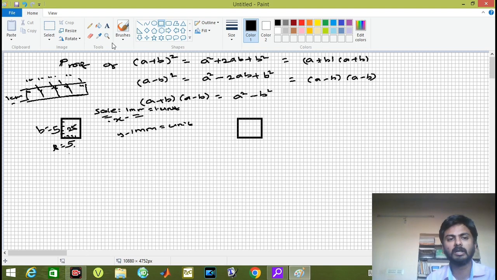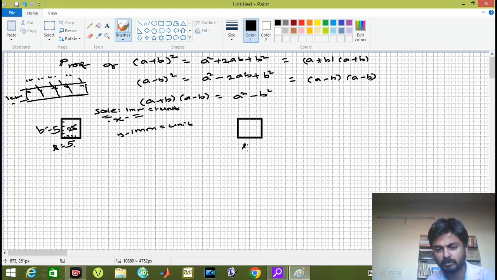See why this is a rectangle: I am splitting the length L into 1, 2, 3, 4, 5, 6, and the breadth into 1, 2, 3, 4, 5. So L equal to 6 and breadth equal to 5.